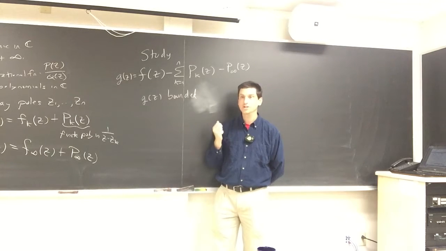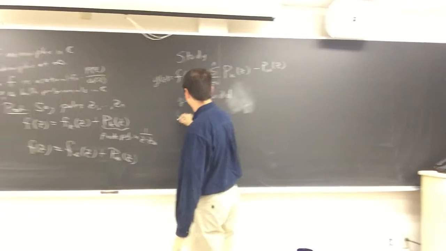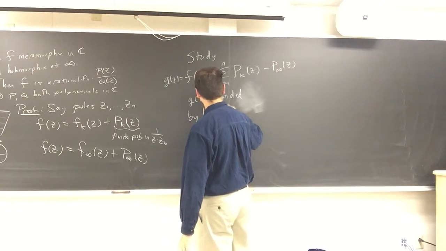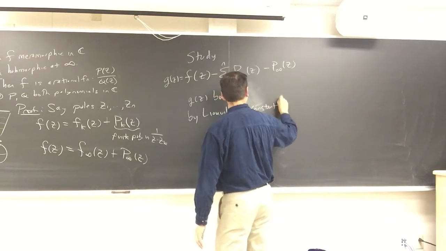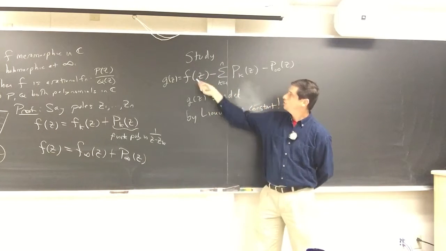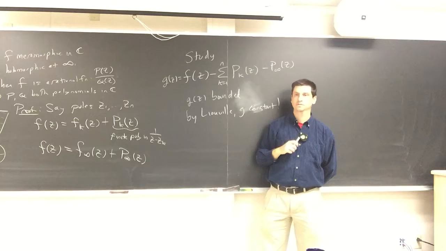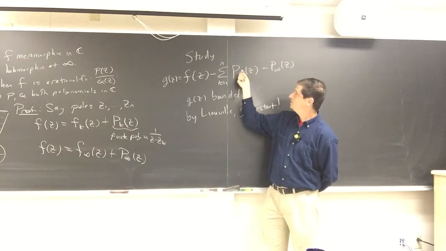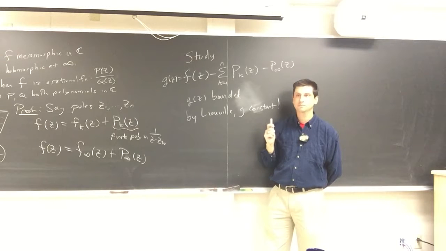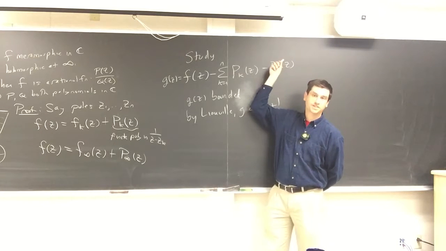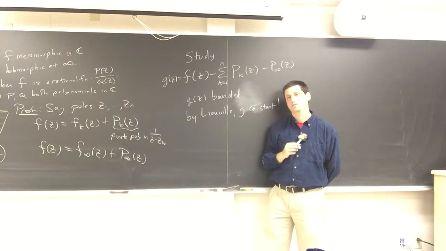Oh, it's constant. By Liouville, g is constant. So this whole thing must equal some constant. Each of these is going to be a finite polynomial in 1 over z minus zk. So when we bring all this over to the other side, it's going to get us a rational function.